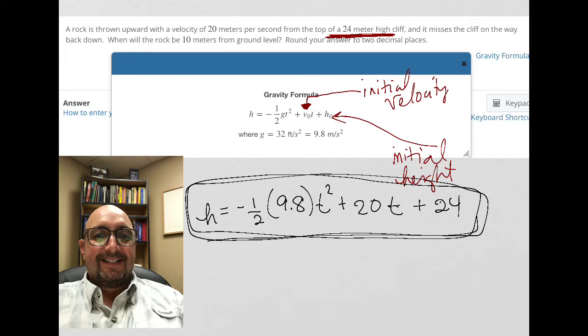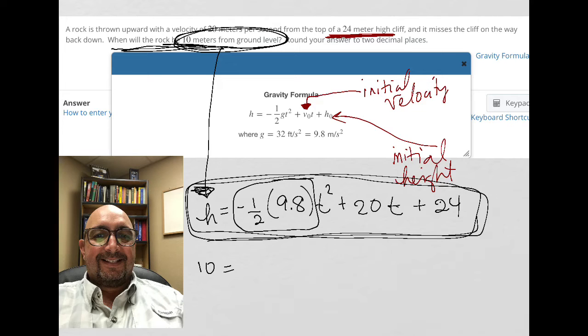Now we want to know when the rock will be 10 meters from ground level. This 10 meters from ground level has to be our height. So I'm going to set the equation equal to 10 as the height, and I'm also going to multiply negative 1/2 times 9.8. That'll give me negative 4.9 t squared plus 20t plus 24.